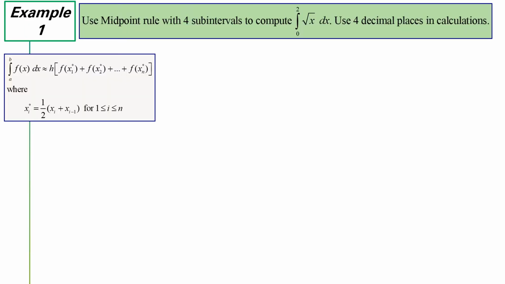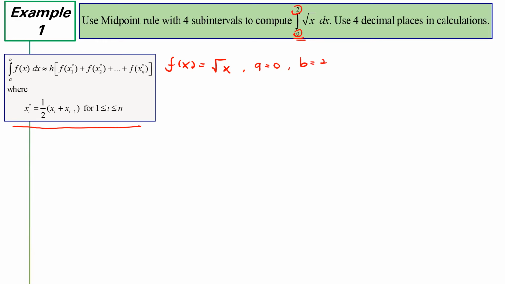Let's see example 1. Use the midpoint rule with 4 subintervals to compute this integration. Use 4 decimal places in all calculations. This is the formula for the midpoint rule. First of all, you have to know what is f(x) and what is A and B. For this equation, our f(x) is equal to square root of x, A is equal to 0 and B is equal to 2.